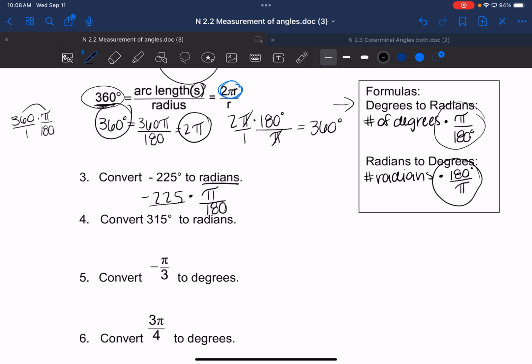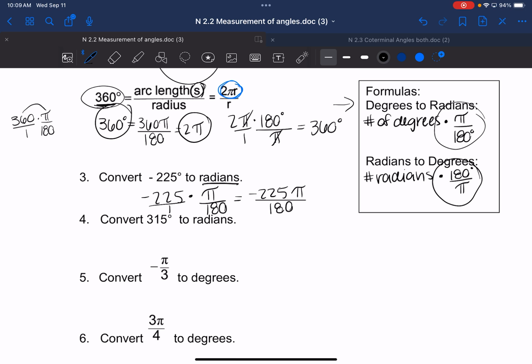So remember, when I multiply fractions, I multiply numerators. So that's negative 225 times pi, which would just be negative 225 pi, over 1 times 180. So I need to simplify that fraction. Remember, our calculators do that for us. So we would just put in negative 225 divided by 180. It's probably going to give you a decimal, and we press math, enter, enter, right?